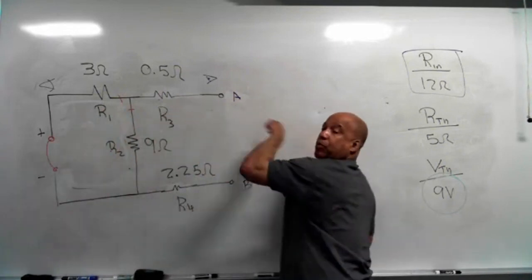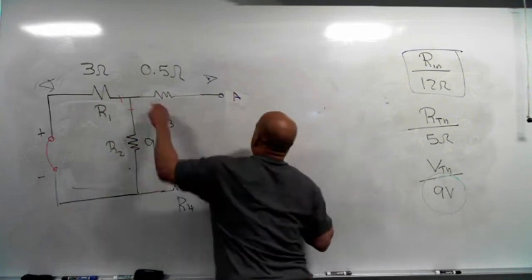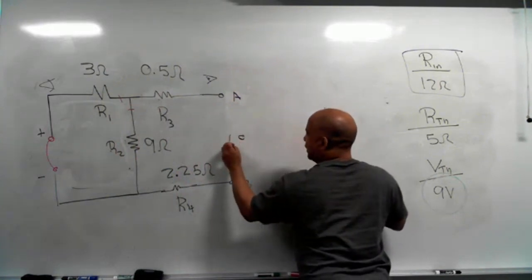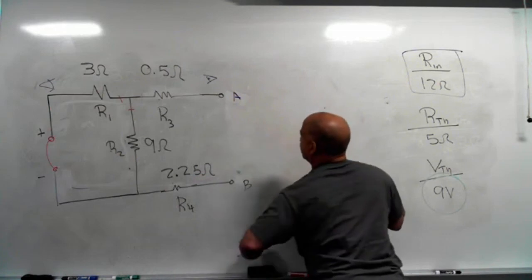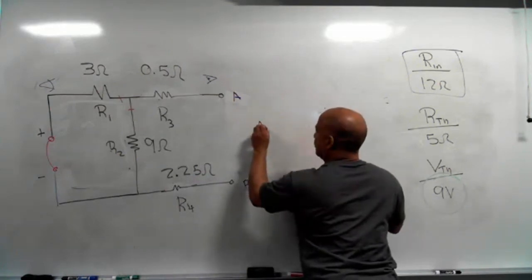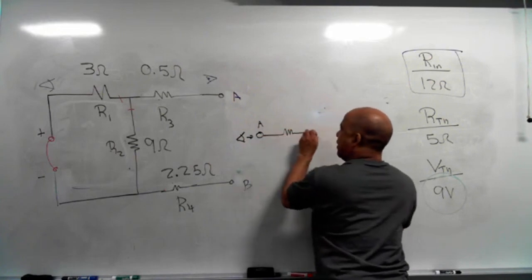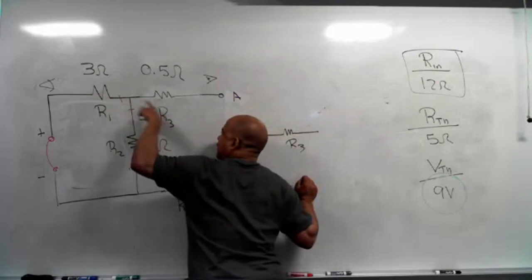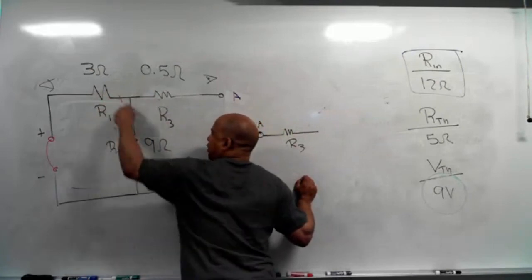And you're looking down through there. If you're looking down through there, the first thing you see is R3. If you're looking at terminal A, the first thing you're going to see is R3. And then after R3, you're going to see those two, R1 and R2, but they're in parallel.